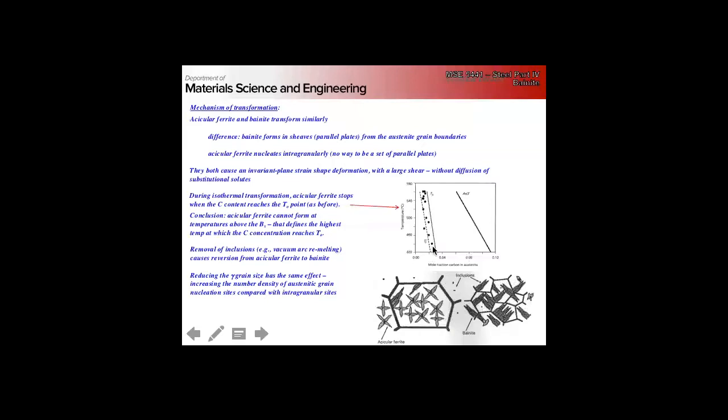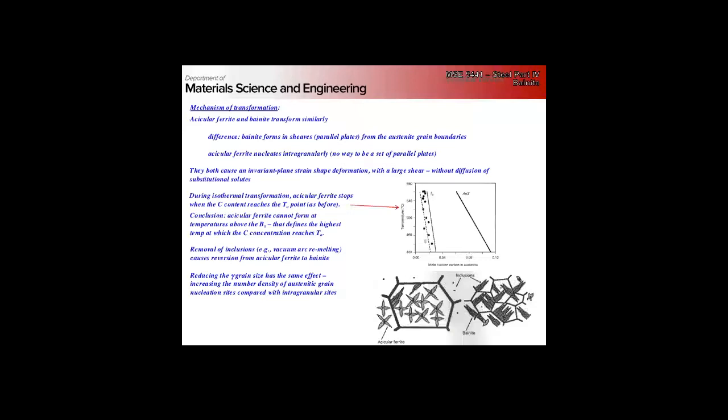And so we're nucleating heterogeneously sort of at inclusions. And so if we have an alloy that forms acicular bainite, and we remelt this to remove the inclusions and go through the exact same cooling schedule, we'll get bainite rather than acicular ferrite.